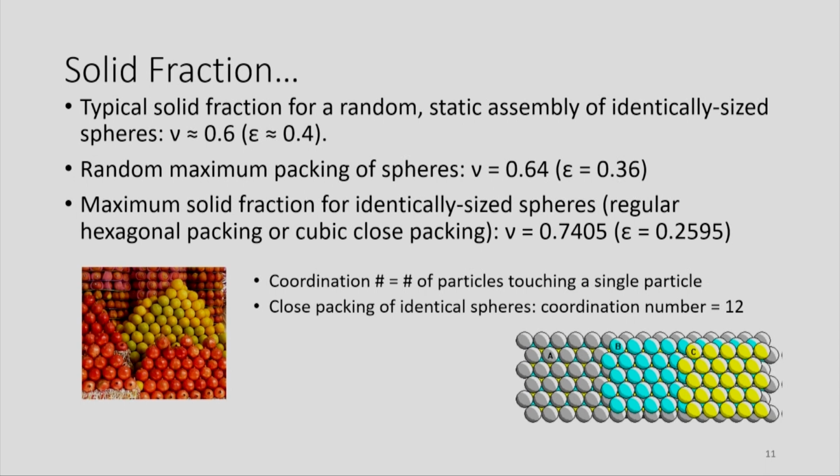If it's random packing, it will be a little less, and the typical solid fraction for spherical particles is 0.6. That's what we try to change by the compaction process, making it closer.